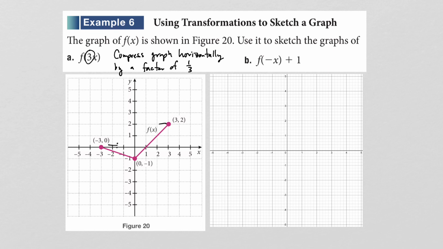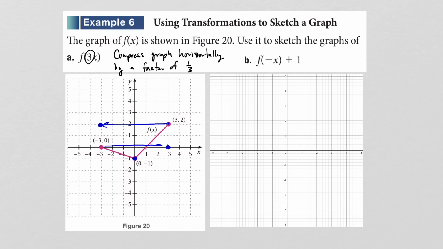So let me erase the old stuff that we had here. First, let's just think about what f of negative x looks like. Well, f of negative x is going to take every point and reflect it across the y-axis. So this point over here gets reflected over to this side. This point here gets reflected over to this side.